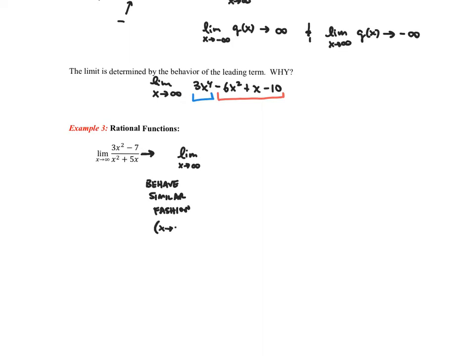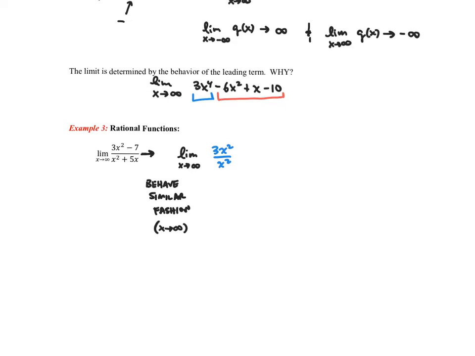So what terms become insignificant? Well, the -7 in the numerator and the 5x in the denominator. So it's going to behave very similarly to 3x squared over x squared. Let's not get this twisted, those two are not equivalent. However, they will behave very similarly.